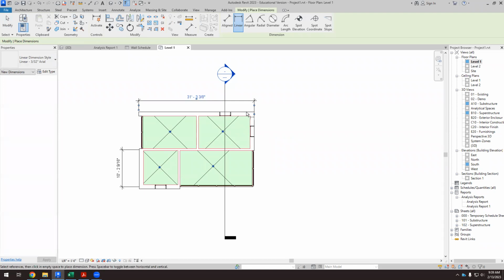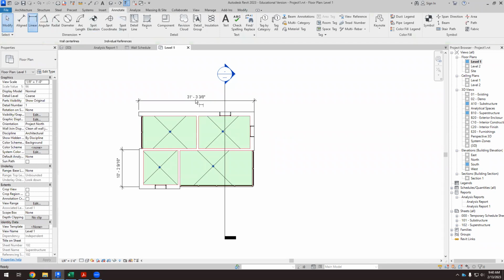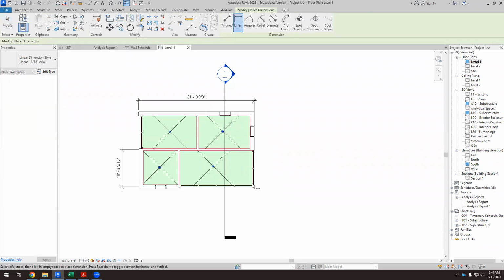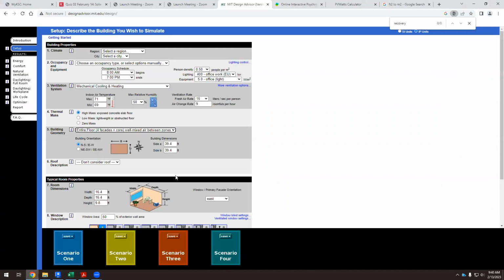So this is around 31 by 20. Okay, so this is 31 by 20.